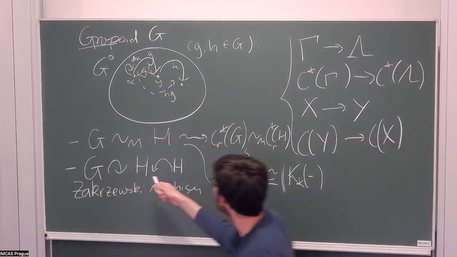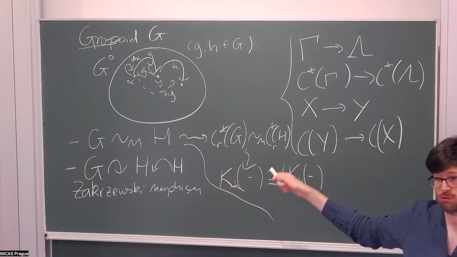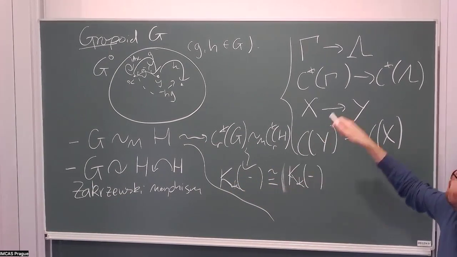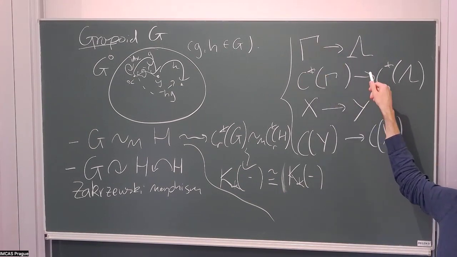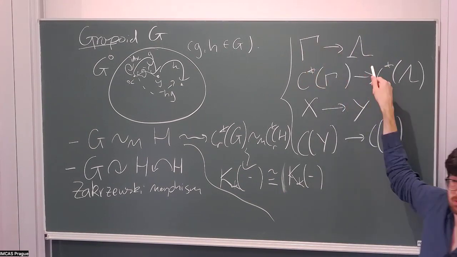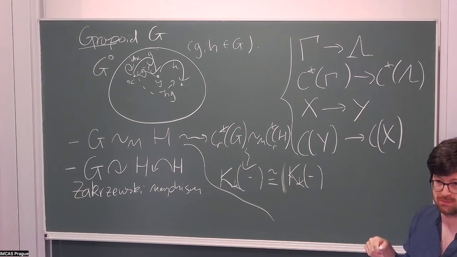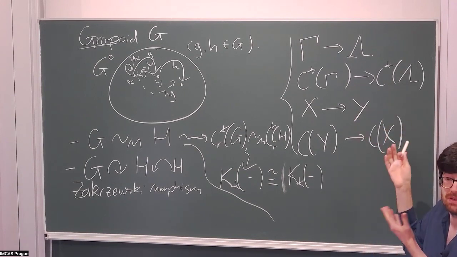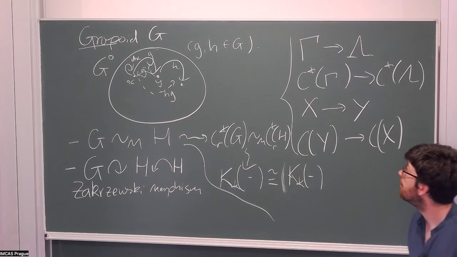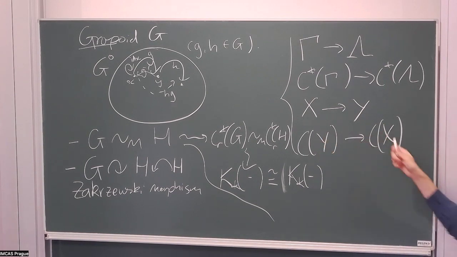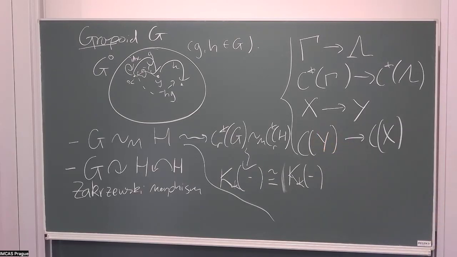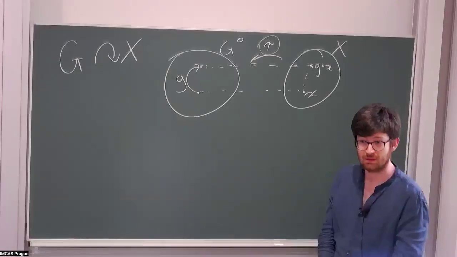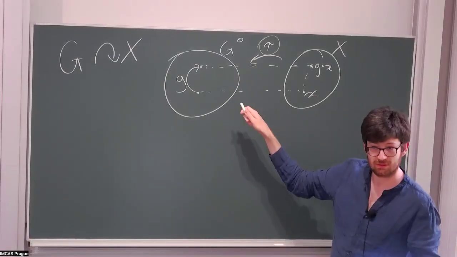So in the case of a group, this is just the same thing as a group homomorphism. If you have a homomorphism from gamma to lambda, that's going to give you an action of gamma on lambda by pushing through the homomorphism. And it turns out to be the same information. And for spaces, it actually recovers a backwards continuous map. Because when you have a space acting, all you really have is this anchor map, which is backwards.